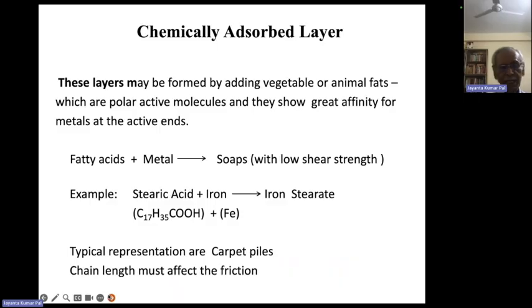Now, this iron stearate can be represented as carpet piles, which will be shown on the next page. And the height of the carpet pile will decide the friction, because the longer the chain or the longer the carpet pile, the lower will be the coefficient of friction.